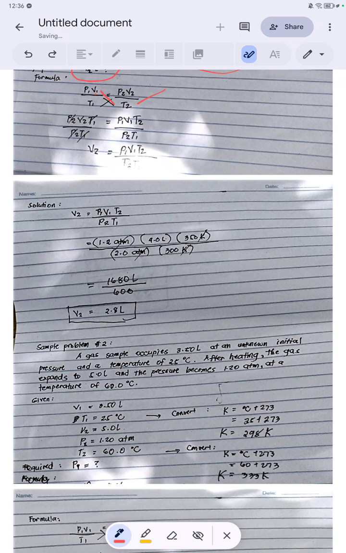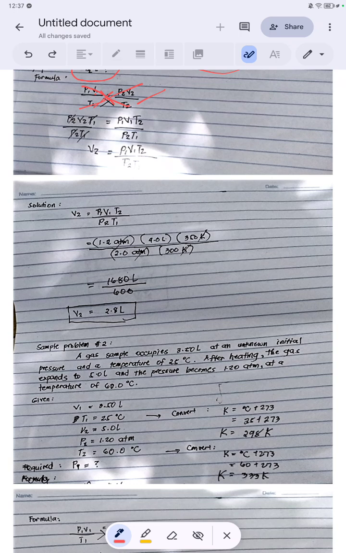Okay, back. P1 V1 over T1 equals P2 V2 over T2. Cross multiply. So P2 V2 times T1 equals P1 V1 T2. Then divide by P2 and T1.